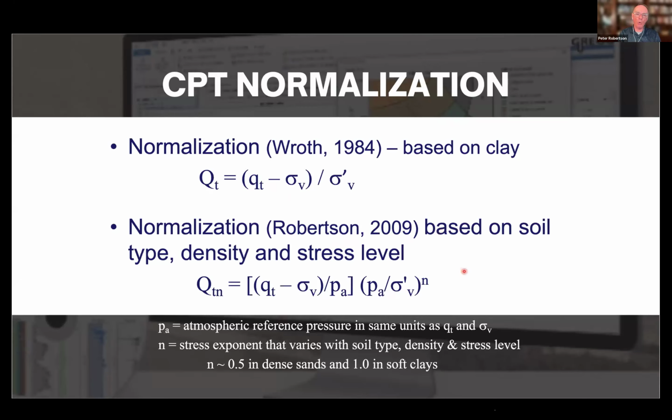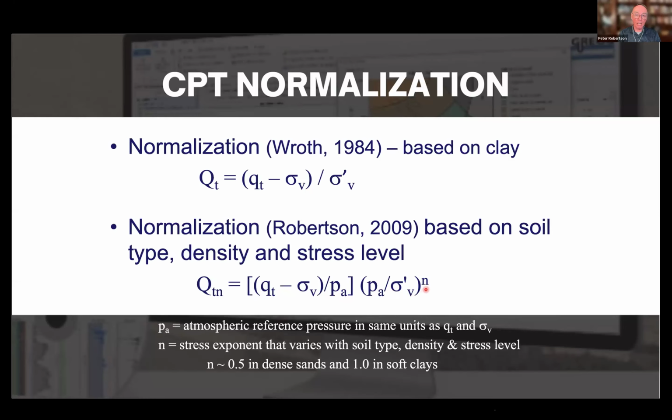And so it's now recognized that the cone resistance varies non-linearly in soils that are not clay. And so I came up with this expression that said you've got the net cone resistance divided by atmospheric pressure, and then atmospheric pressure divided by the effective overburden pressure to the power n. And if n is 1, like a soft clay, it goes back to Roth's original version.